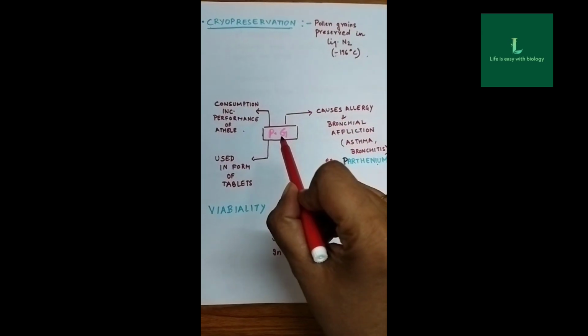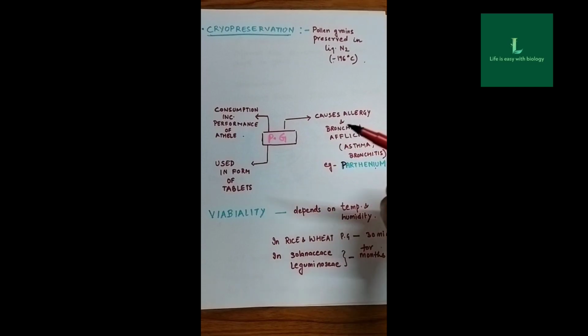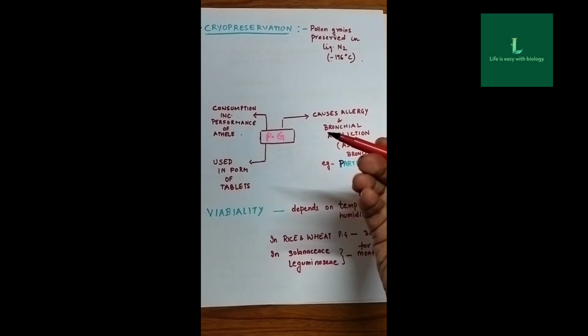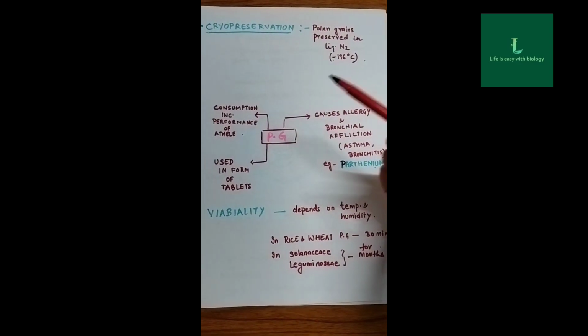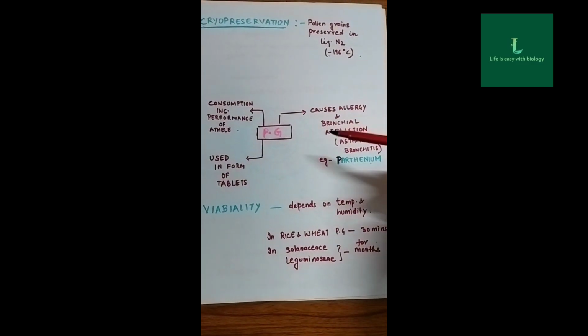Pollen grains have different uses. In some countries, in the western countries basically, they are used in the form of syrups and tablets. They are consumed by athletes to increase their performance. One of the negative effects of pollen grain is that it also causes allergy.